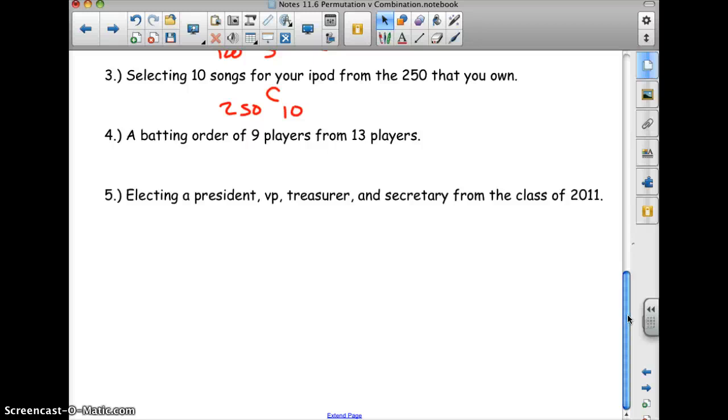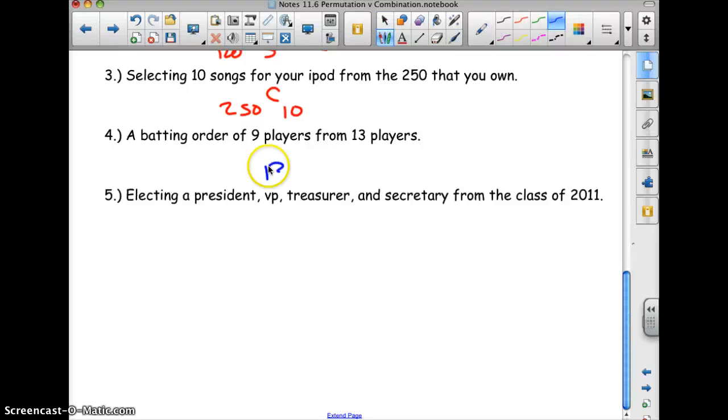This one says a batting order of 9 players from 13 players. Now, is it the same thing if you have your biggest, strongest guy who hits home runs batting 4th as it is having him bat 9th? And the fastest guy, the guy who gets on base a lot, we want him to bat 1st. So the order does matter with this one.